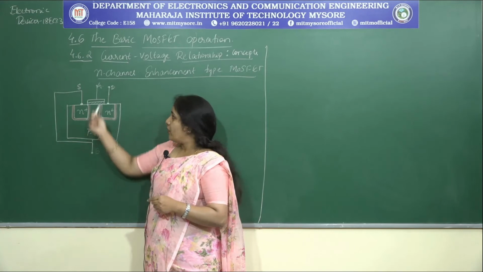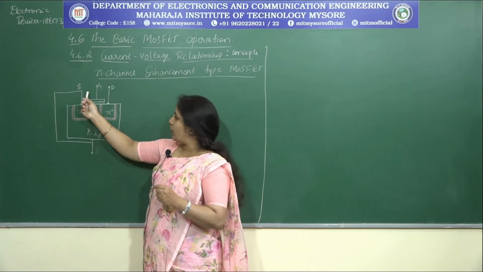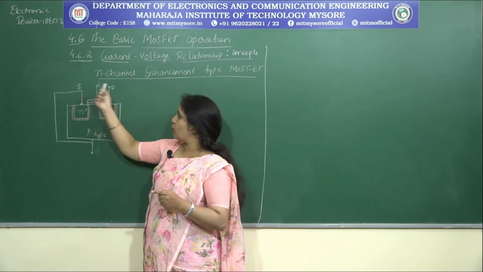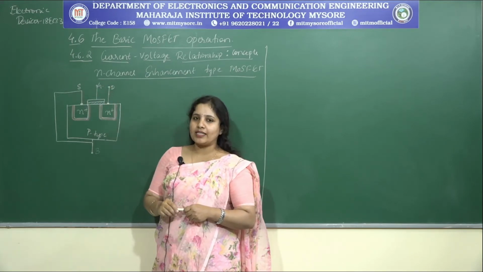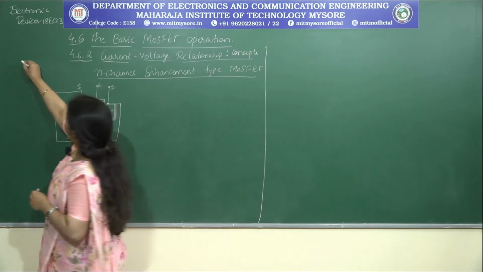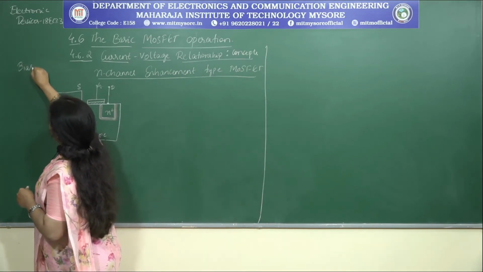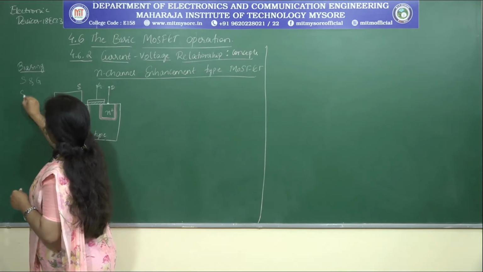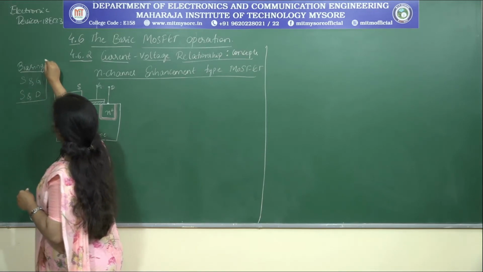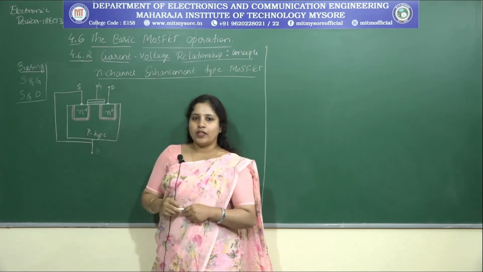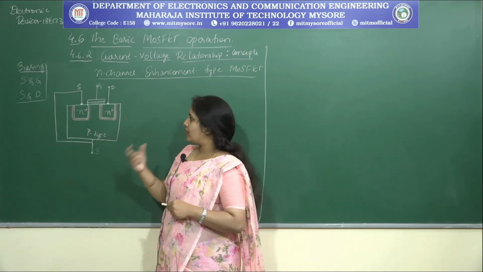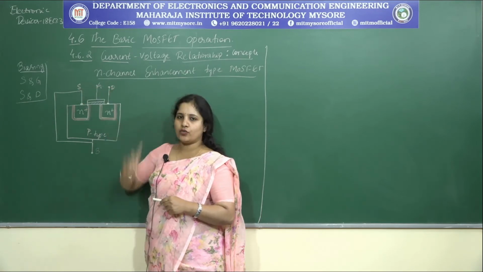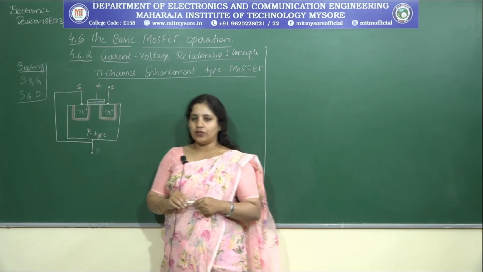Then there exists a biasing between the source and the gate, and another biasing between the source and the drain. That means I have to connect a power supply between the source and the gate and a supply between the source and the drain. Those are the 2 biasings that we are interested in.